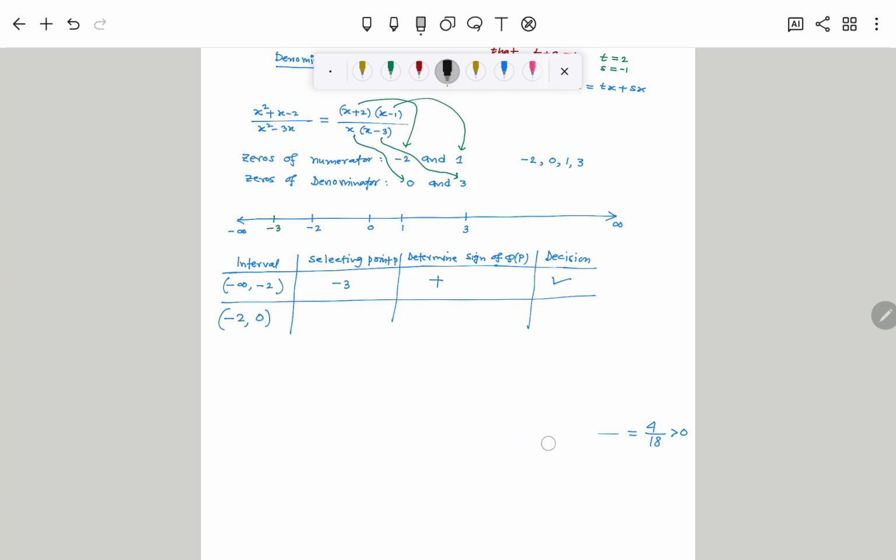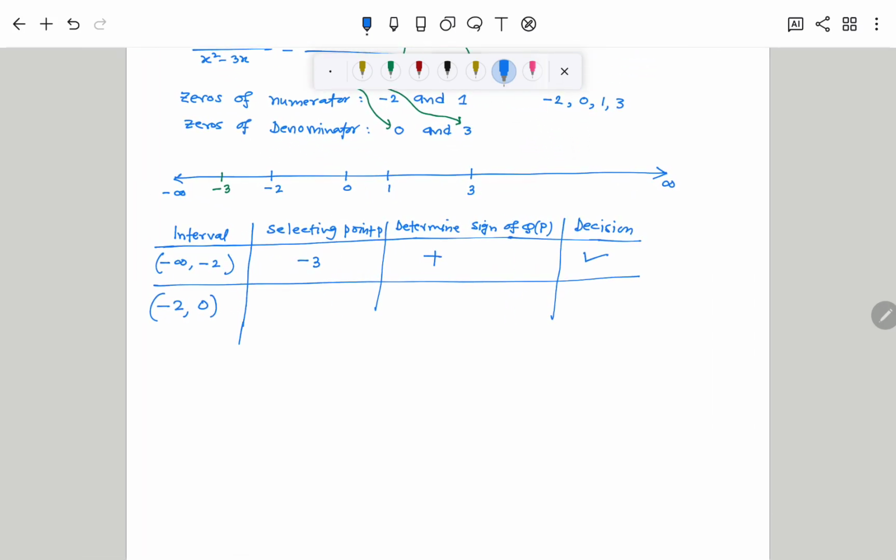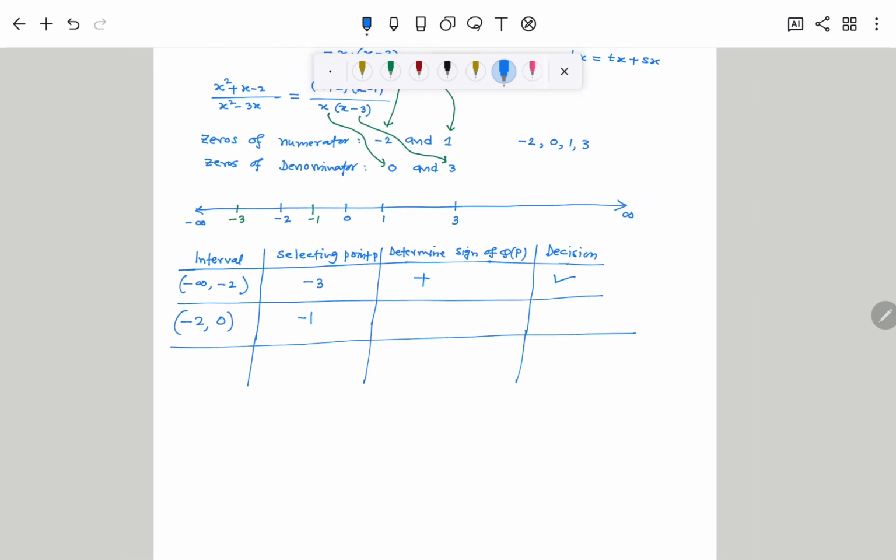Now when we take the interval negative 2 to 0, we have to select a point here. We can select negative 1. If we select negative 1, what is the form?